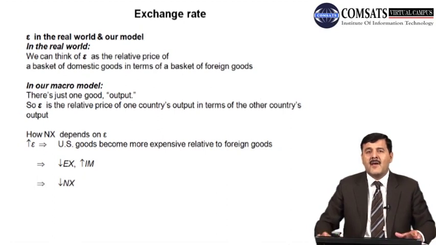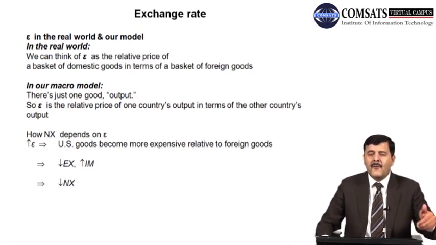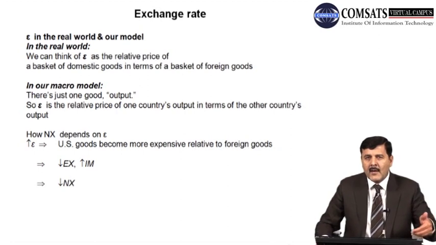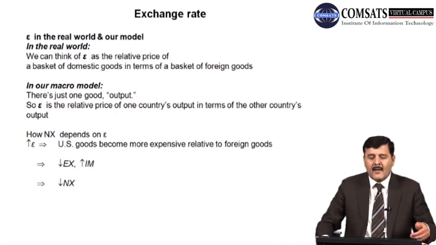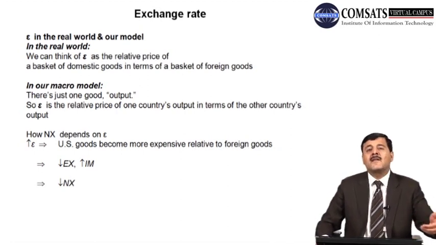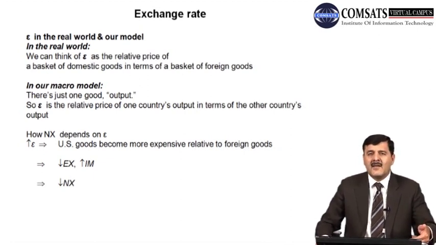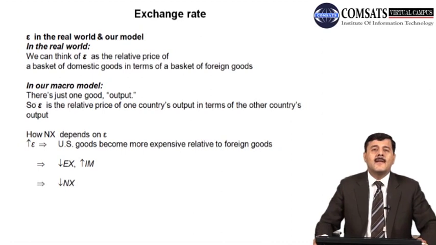So this is how we can determine the real exchange rate, which is the ratio of the price of the domestic product in terms of the price of the foreign product. Now if we talk about our model, there is just one good, that is the output. So here we will talk about output, and then try to determine the real exchange rate in the open market.